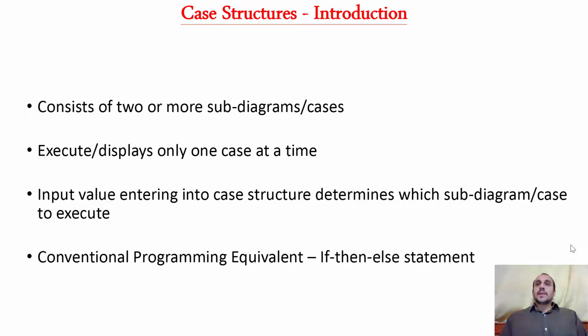For example, you establish a Boolean case structure, so you will have two cases or two subdiagrams, one for the true case and the other for the false case. But you can only view one case or one subdiagram at a time. When we move to the live view, you will see what I'm talking about.